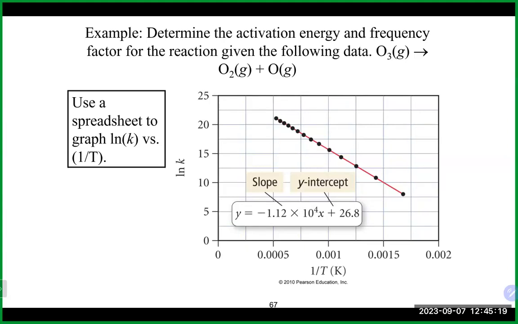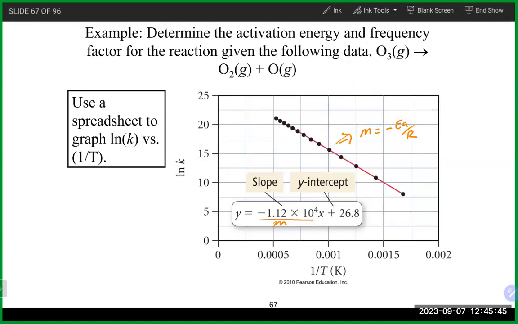In this particular case, if we were going to use this to determine the activation energy and the frequency factor, we can use our equation here to do so. We know that the slope of this line should equal minus Ea over R. So we can take the slope, which is this number right here, and use that to solve for what we're looking for.